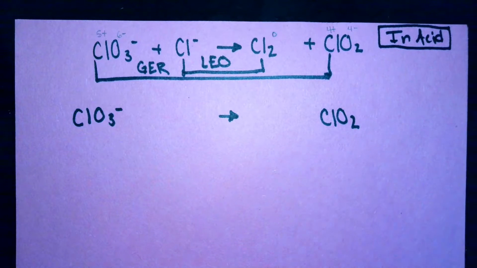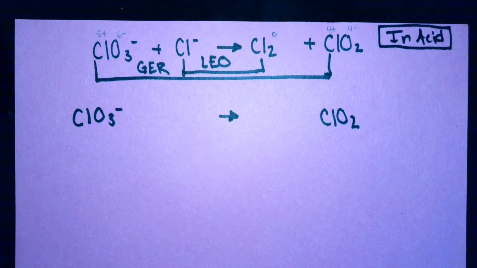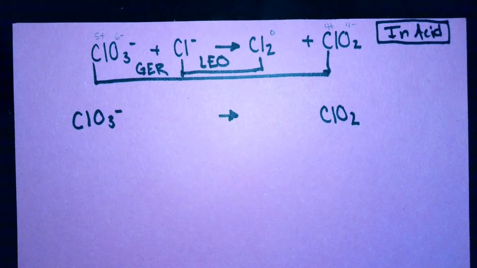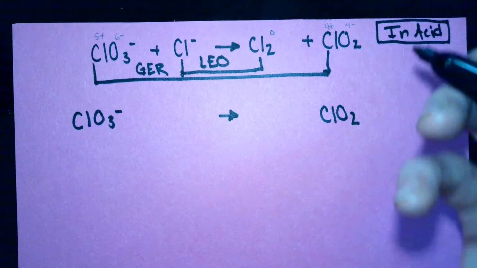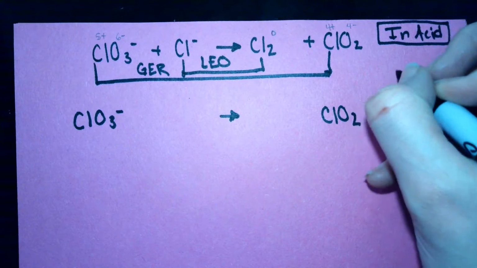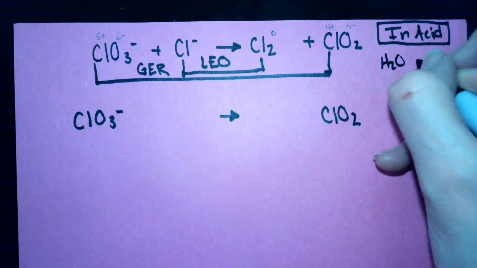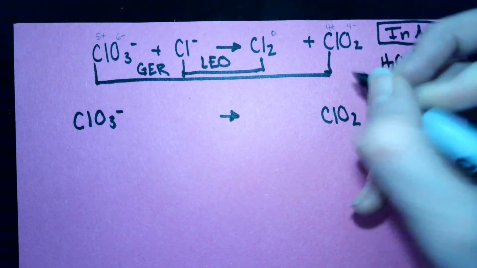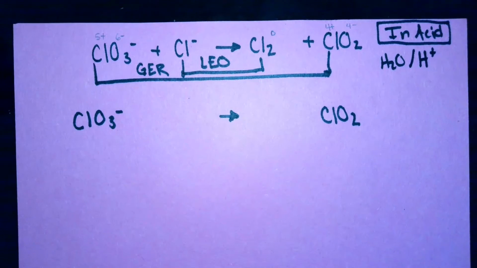So remember, in acid is where you're going to balance the easier way. In base is harder because you have the hydroxides and you cannot have the H plus. So we are going to add H2O and H plus until it's balanced and then follow all the normal steps.